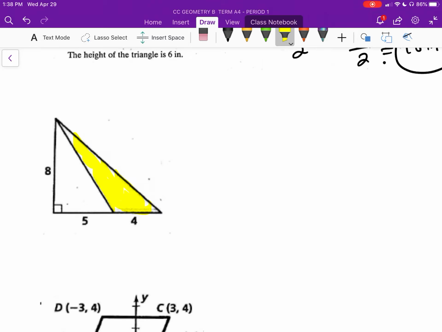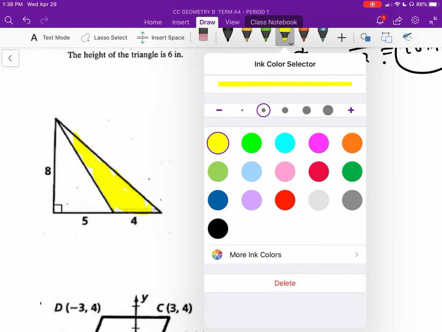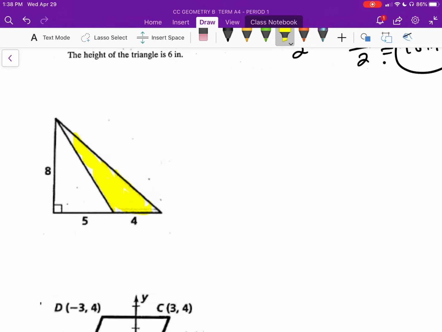Its height is always vertical, but we do have two triangles that we can find the area of. So if I find the area of this big triangle and I take out the area of this medium-sized triangle, if I subtract those, I'll have the area of this outside triangle, right? So what's the area of the big triangle?